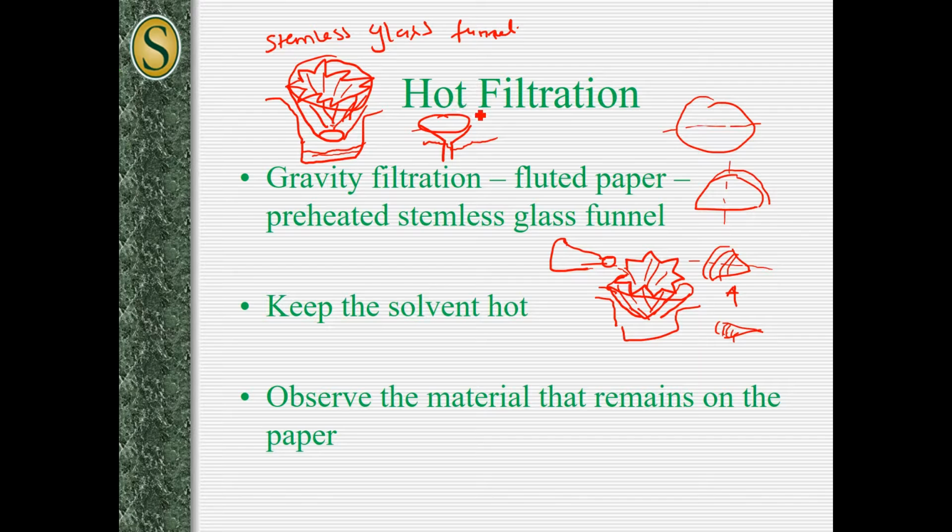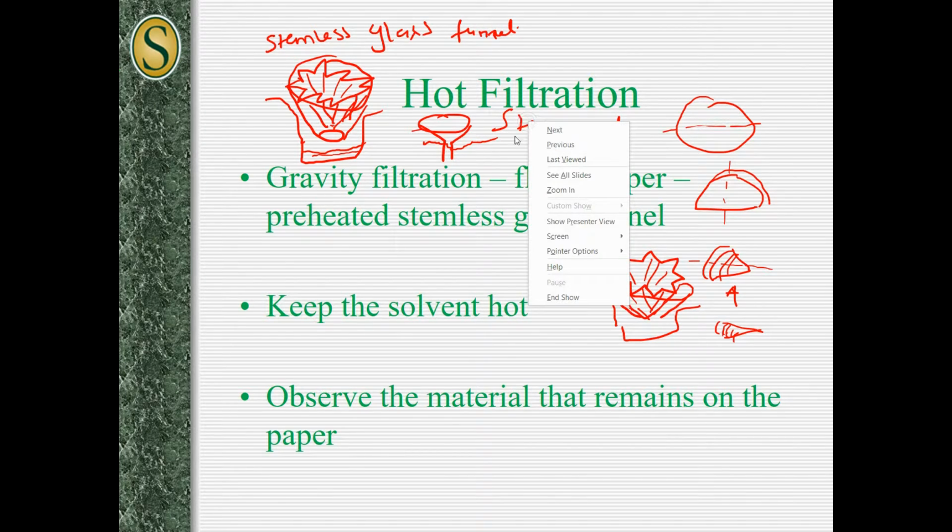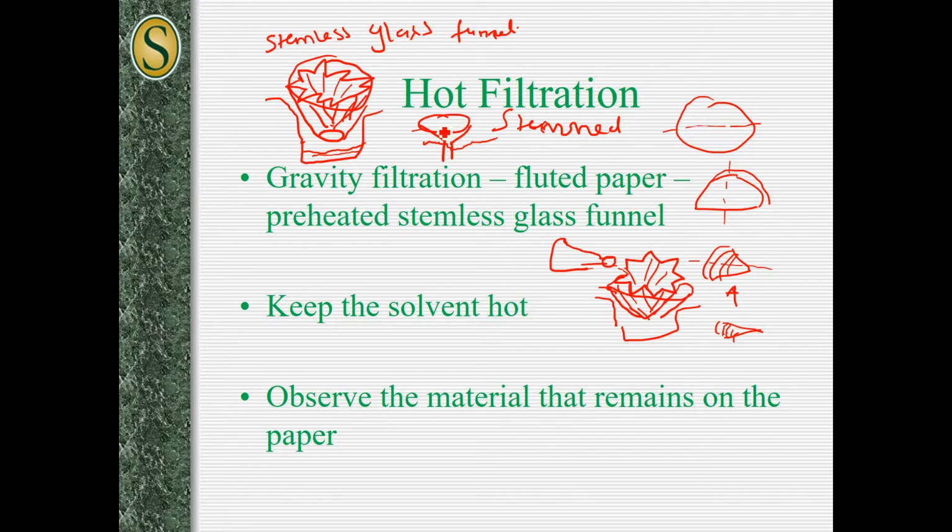If you used the stemmed funnel, that will be wrong. Why is that not recommended? If you use the stemmed funnel, you're going to get clogging. When you pour your benzoic acid in here, remember this stem is cold. Because the stem is cold, your benzoic acid solution will cool on this part, prematurely form crystals and clog the funnel, and nothing will pass through.